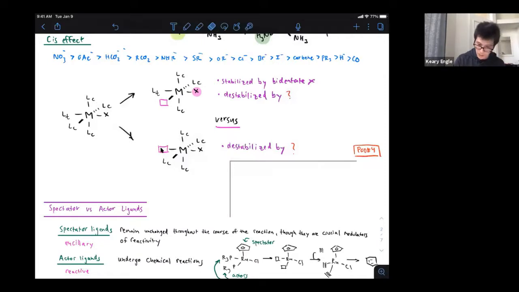It would be destabilized by things that are strongly sigma donating X.